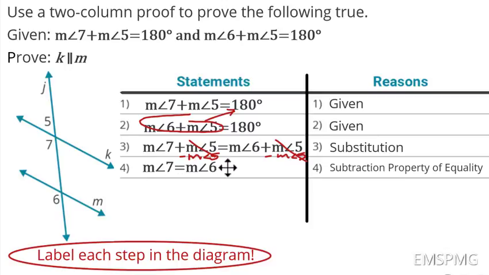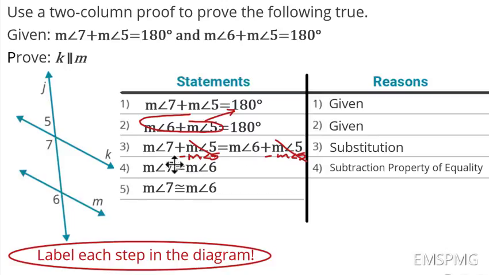So now I'm noticing this train of thought that we used. Since angle 7 is now equal to angle 6, I'm starting to realize that if the measures are the same, they're also going to have to be congruent. Now, this is kind of an extra step that everyone forgets about. Since 7 and 6 are corresponding angles, I need to know that they're congruent in order for the lines to be parallel to each other.